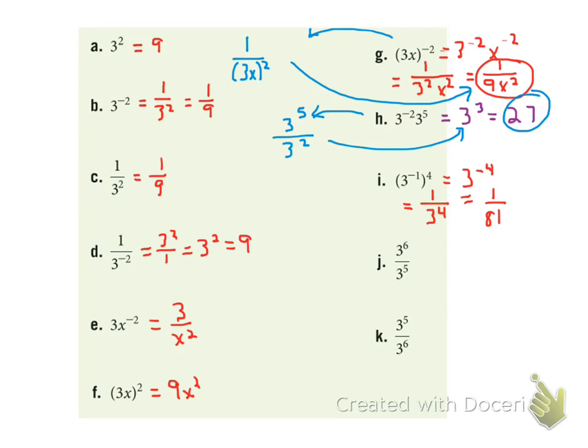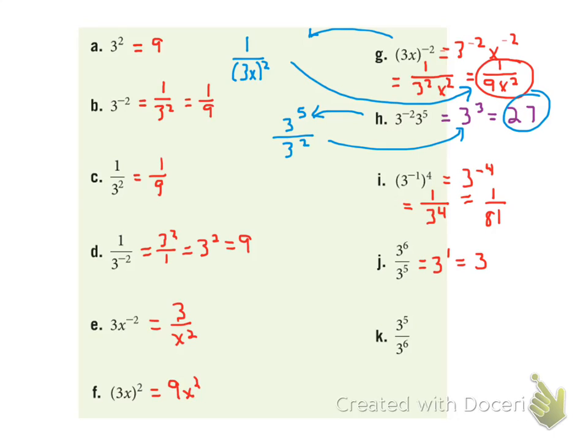Okay. Letter J. Alexis, what would you do there? Okay, so you subtract the 6 and the 5, and you would get? 1, then it'd be 3 to the first power, which would make it 3.